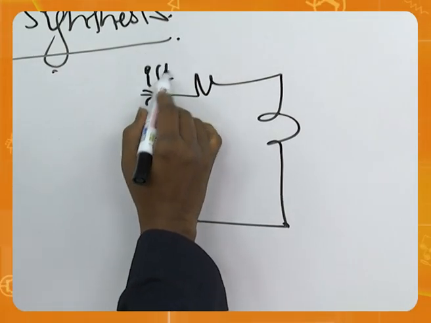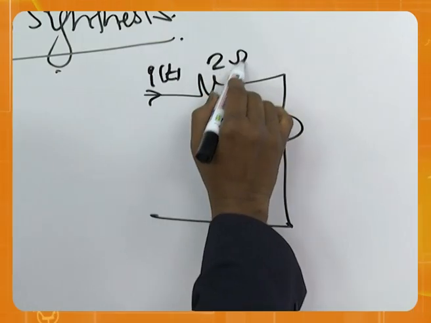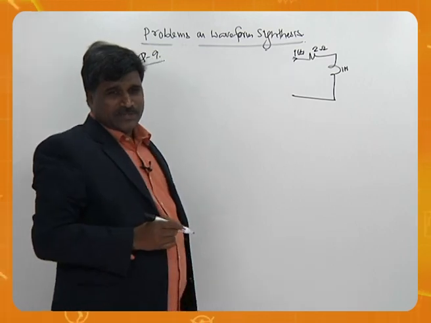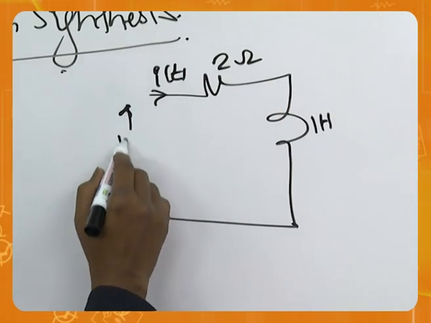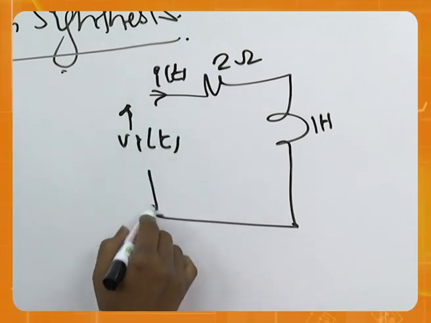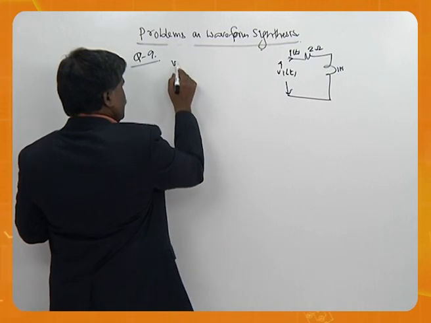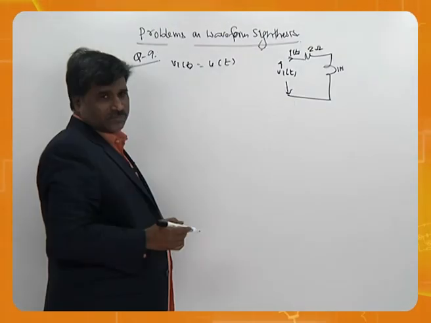This is I of t, 2 ohms, 1 inductor. Please observe, the same circuit is repeating, and this is Vi of t. What is Vi of t? Vi of t given in the question is u of t.